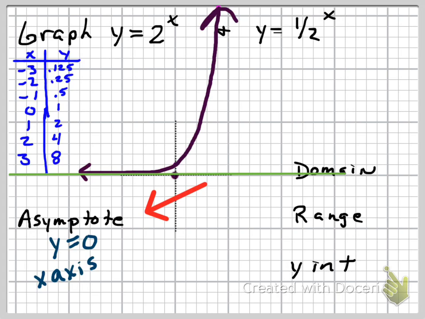It's the line y equals 0 or the x-axis. The asymptote is the boundary line, really, that is keeping your graph from advancing. It's a guide, it's a convergence line, a limit, whatever you want to call it, whatever helps you understand it.